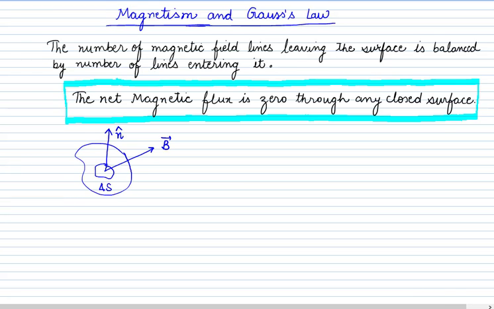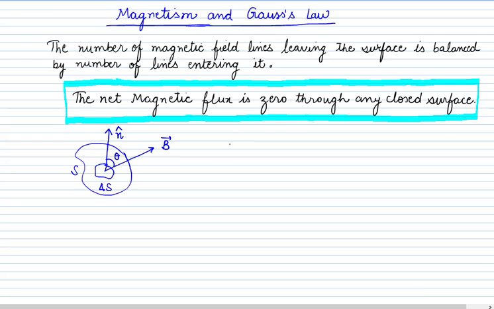The angle between the magnetic field and the surface normal is theta. Delta S is the area element we have taken, B is the magnetic field, and n cap shows the direction of the area element. So theta is the angle between this area element and the magnetic field B. And this is our closed surface S, and delta S is the small area element within this closed surface.